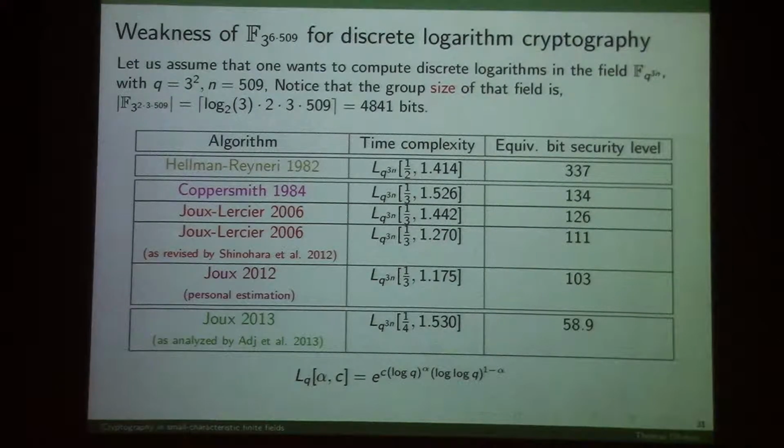So we had before, in 1982, a time complexity with alpha equals 1/2. So the security level of this field was more than 300 bits. And then we had the Coppersmith algorithm in 1984.